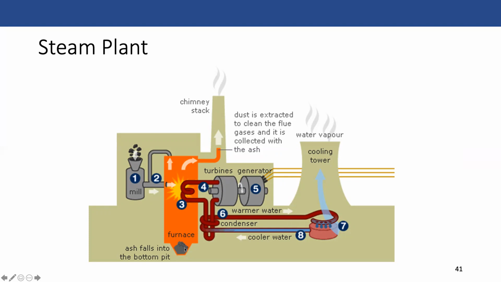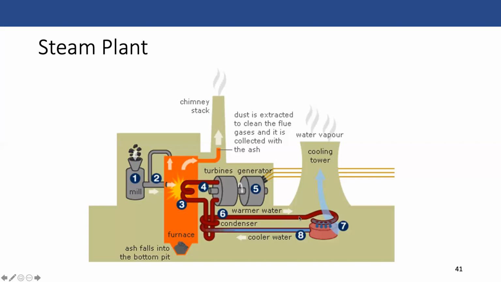So at the bottom of the furnace, you'll get stuff like slag, which are impurities that turn into solids. You also get impurities associated with the combustion, right? So CO2, but also things like nitrous oxide, sulfur oxides, particulate matter, so on and so forth. And that goes through this chimney stack. And I'll come back to that in a second.